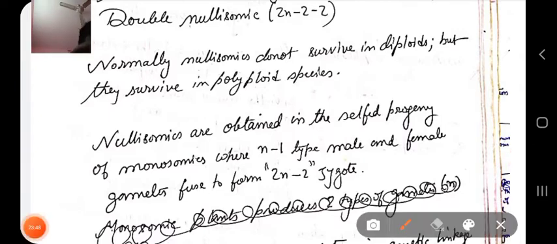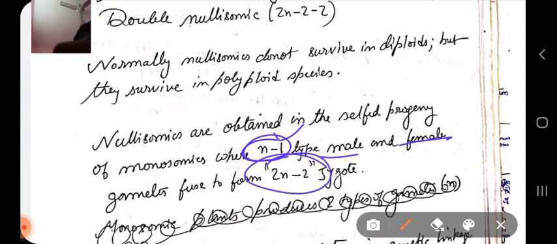So the male and female gametes of the n minus 1 type have one chromosome missing, and the same chromosome is missing in both, and they fuse to form a nullisomic zygote.